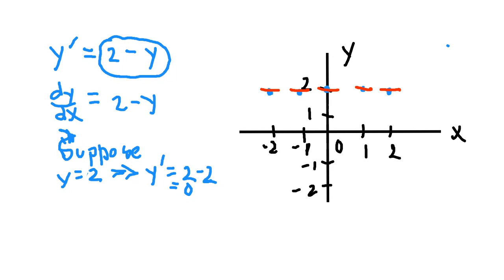If the derivative is 0, that means the slope is 0, right? And the slope is 0 for a horizontal tangent line.